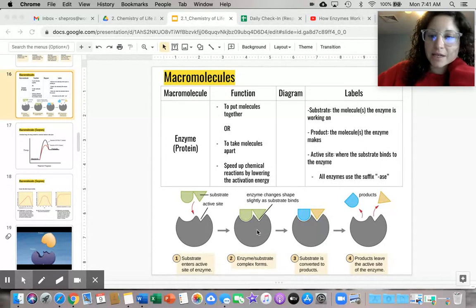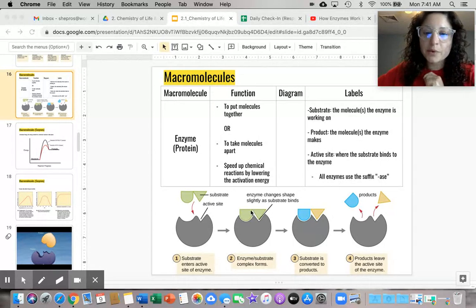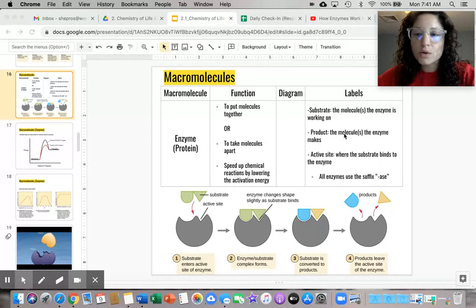Now, what the enzyme does is it will lower the activation energy and it will cause this molecule to break apart into two different pieces, which is what you're seeing right here. So we went from this green molecule as one substrate, and we broke it into two separate molecules, which creates two separate products. So a product is the molecule or molecules that the enzyme makes.